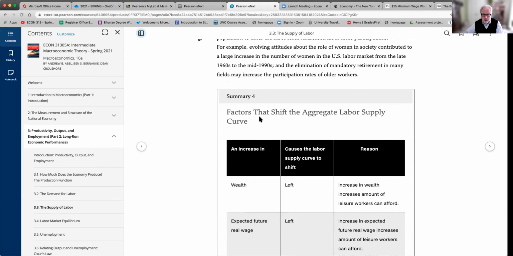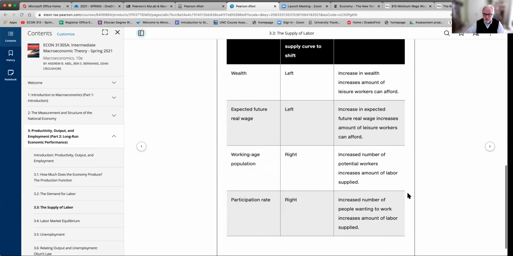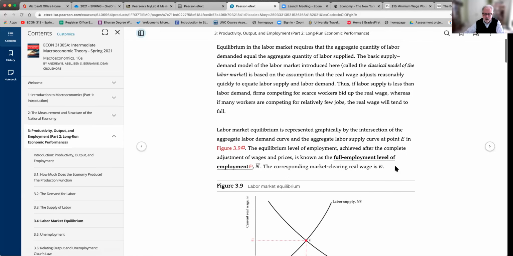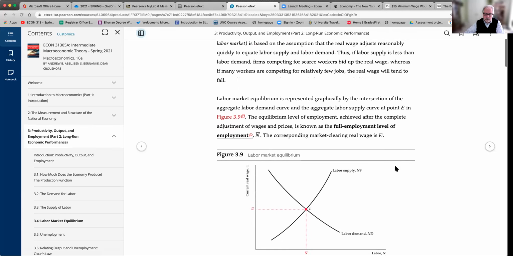Again, here's one of those summaries. What are the things that shift the labor supply curve? Just like there are things that shift the labor demand curve, they're completely different. There are different groups in the economy involved in those decisions. And then we bring them together to find labor market equilibrium, right? Demand and supply, right?